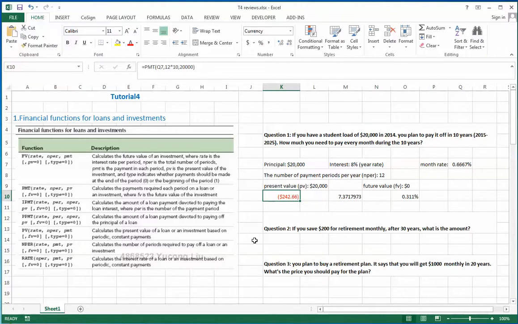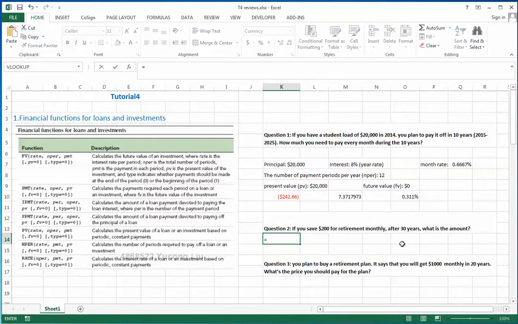Let's look at the second question. The second question says if you save $200 for retirement monthly, then after 30 years, how much can you get? This we need to calculate the future value. The future value means you save $200 every month. Then after 30 years, what's the money? So that's the future value.